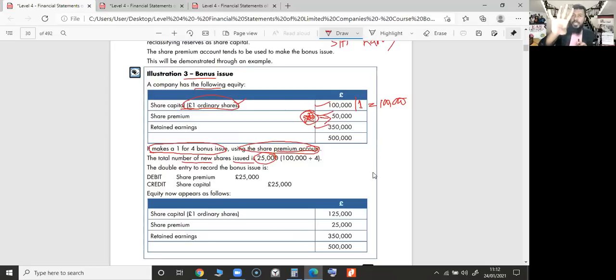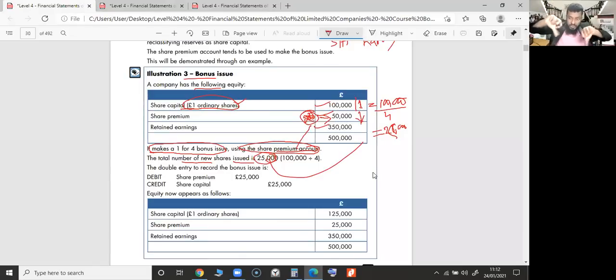For every 4 shares, or even 5 shares, 2 shares, 3 shares, whatever it is, for every 4 shares, they're going to issue 1 bonus share. So for 100,000 shares divided by 4, they're going to issue 25,000 bonus shares. That's how they got the 25,000. And these shares are issued at nominal value. And they said issue it from the premium account. So your premium account is going to go down.